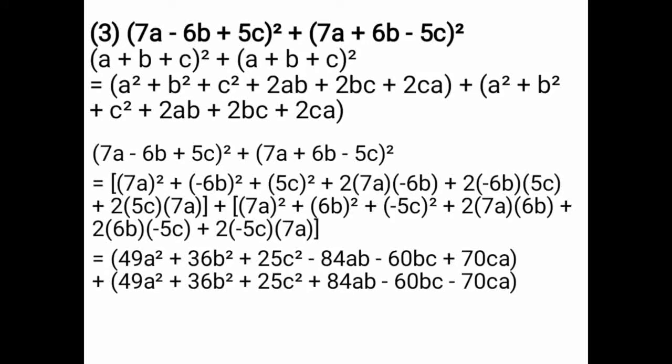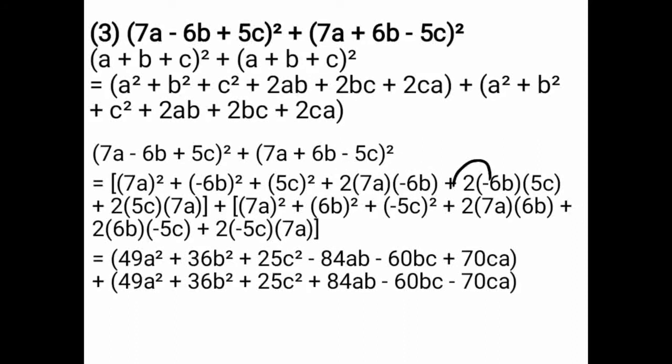Square of 7a is 49a square. Square of minus 6b is 36b square. Square of 5c is 25c square. Plus into minus is minus. 2 7s are 14, 14 6s are 84, 84 into ab is 84ab.